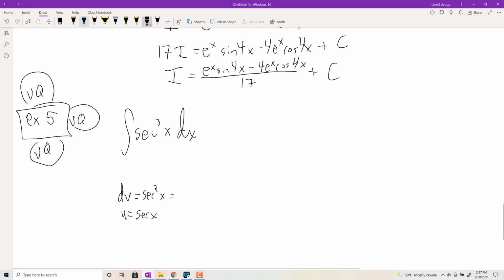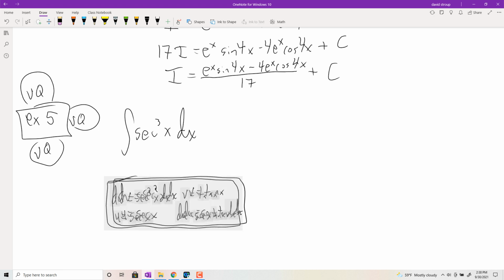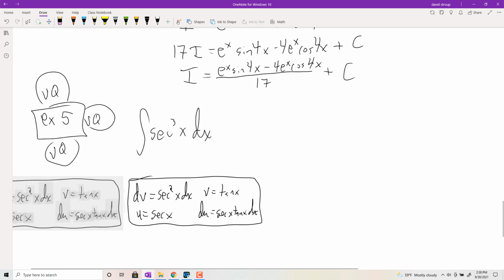V will be the integral of secant squared, which is just tan x, and then the derivative of secant is going to be secant x tan x dx. Okay, so we need that material. Let's move that to the side so it's not contaminating all of our work.